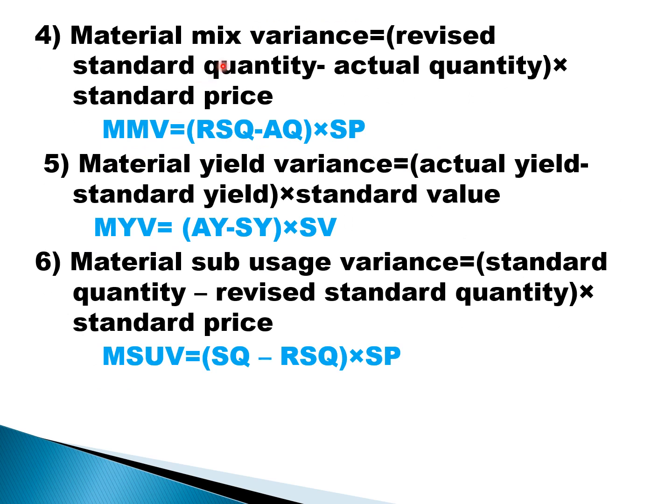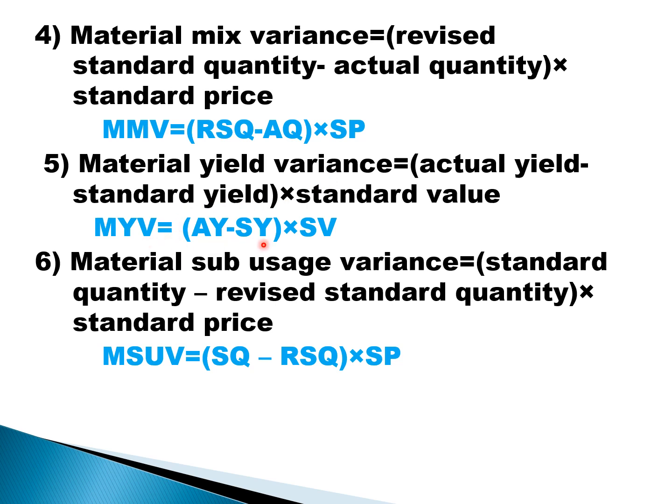Material mix variance, MMV. The formula is RSQ, that is called revised standard quantity, minus AQ into SP. Revised standard quantity minus actual quantity into standard price. Next, MYV, material yield variance.